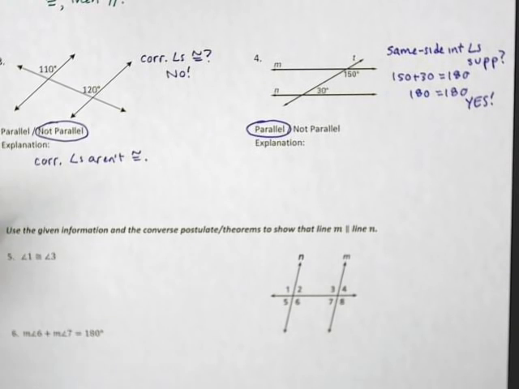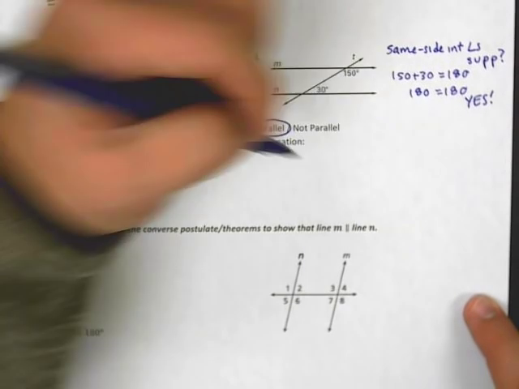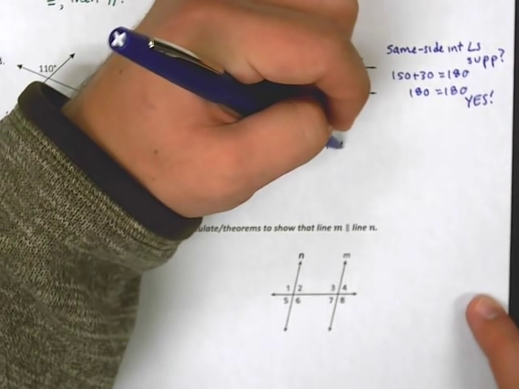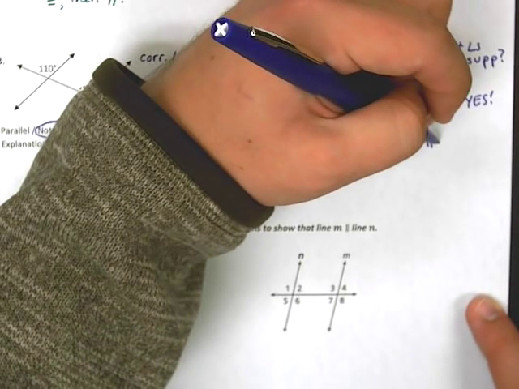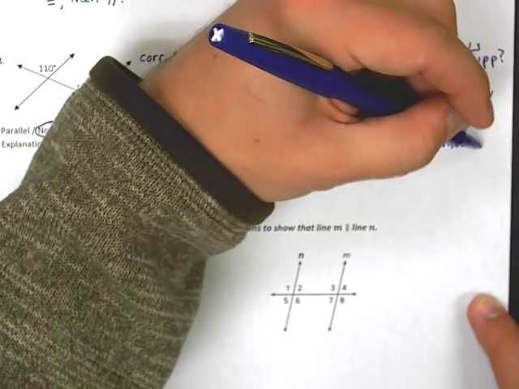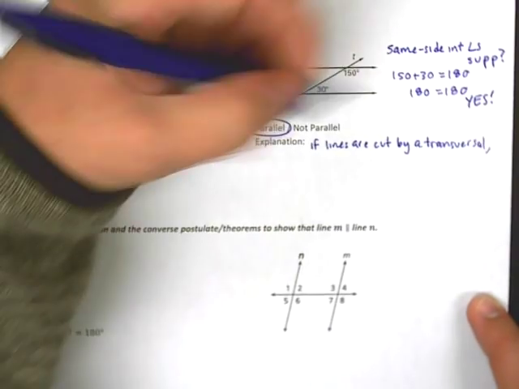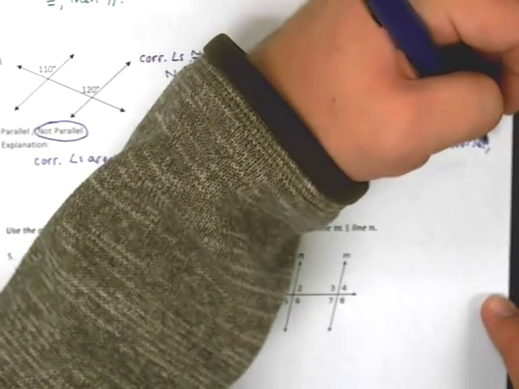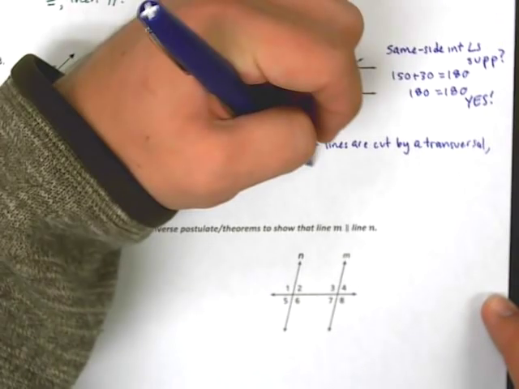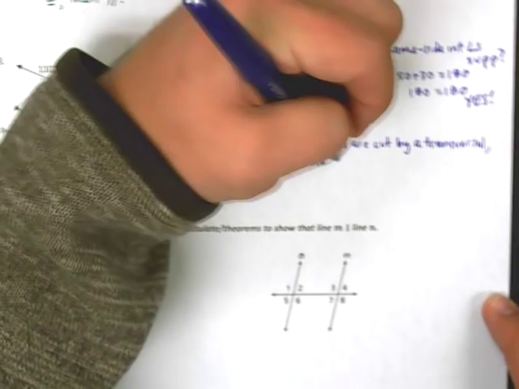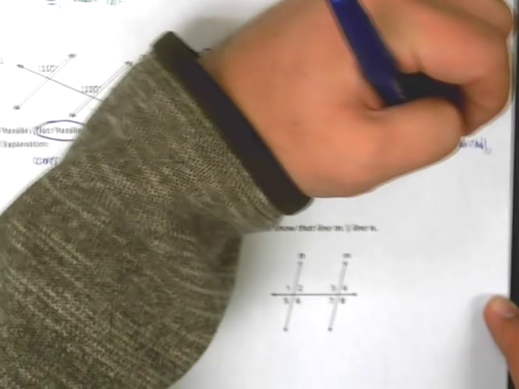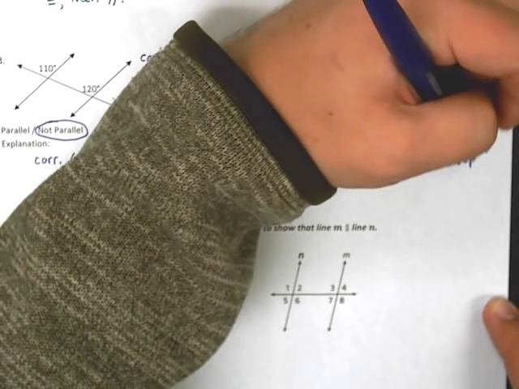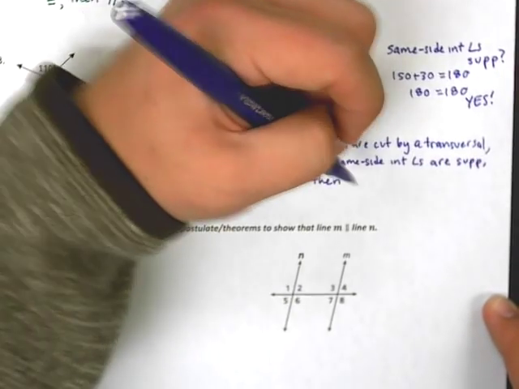At this point, because it's parallel, we need an explanation why, and that explanation is kind of wordy, but remember, it's something like if lines are cut by a transversal, and same side int angles are sup, then parallel.